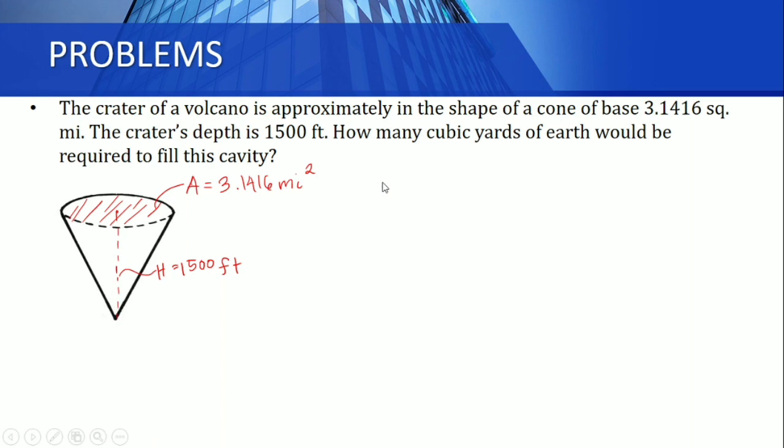So, sabi niya dito, cubic yards. So, we need to get yung volume niya. Naka-square mile pa yung ating area, so i-convert muna natin sa yard para madali tayong mag-compute ng volume. So, 1 mile is equivalent to 5,280 feet. Naka-square yun, so dapat i-square din natin.